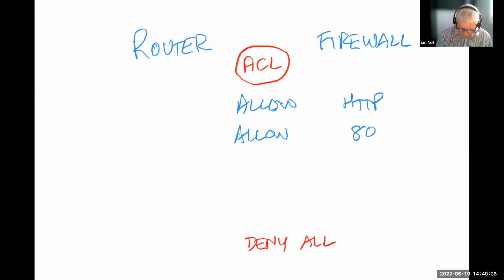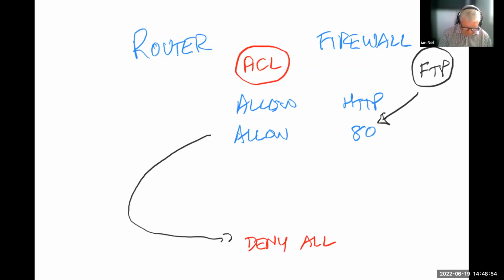Now, if you've got traffic, which is file transfer protocol, he uses port 21. If I look at the only rule there is, and my protocol doesn't match it, what then happens is I get the last rule, which is called deny all. But this is called an implicit deny.